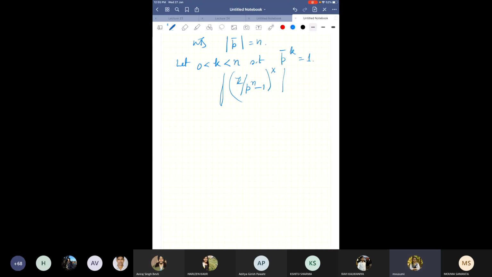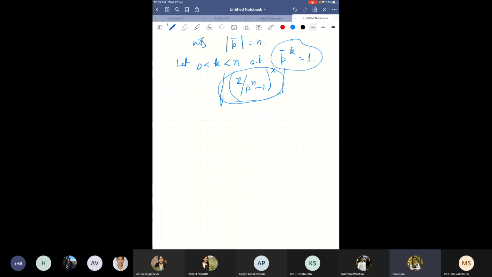If p bar to the power k is equal to 1, then in this group p to the power n bar is the identity, not some lesser power. Okay. Is this clear to you or not?